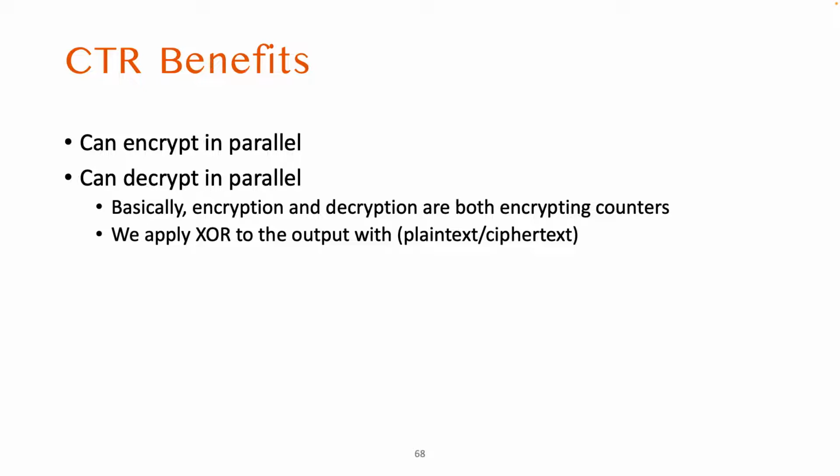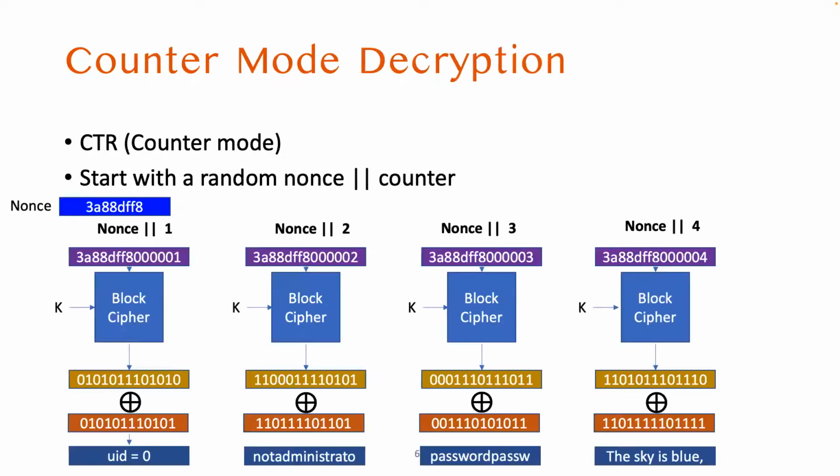But what will be the weakness in CTR mode? Can anyone point it out? Yes. Does the counter always start at 0 or 1? Does it always start at the same number? It does not have to be the same number, but the same number is needed to decrypt correctly.